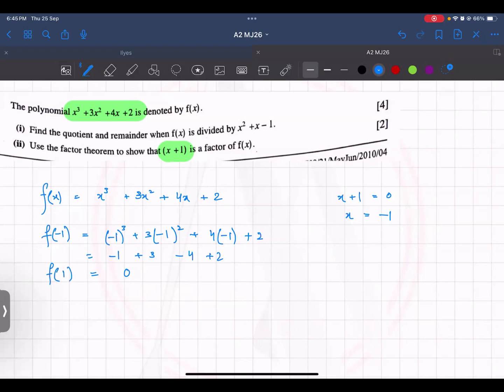This is telling us that the remainder is 0. And if the remainder is 0, this means that x plus 1 is a factor.